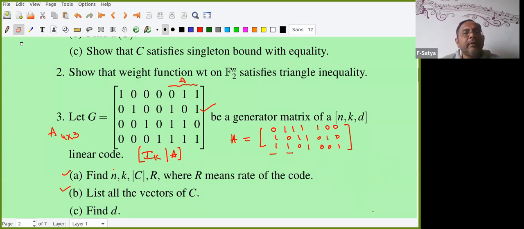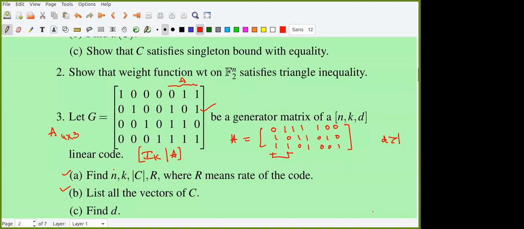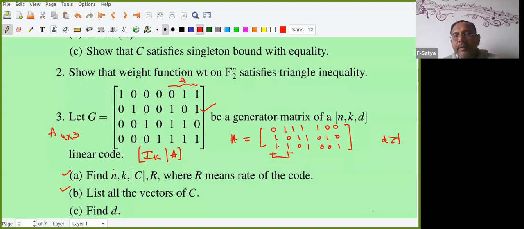That's why distance is greater than 1. Okay. Now if I take two columns, are they linearly independent? Yes, sir, because I'm not getting the second vector from the first by multiplying by 1.